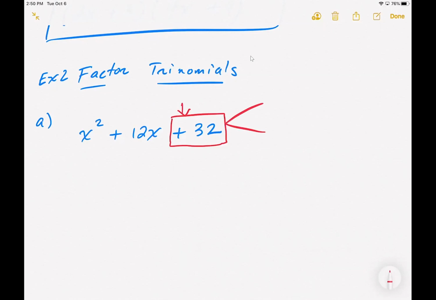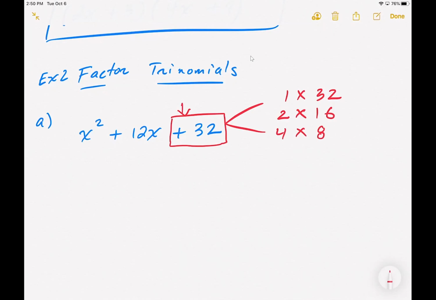And if you're in doubt, just list everything out. You just take 32 times 1, or 1 times 32 is 32. You take 32 divided by 2, or 2 times 16. 32 cannot divide by 3 evenly. 32 divided by 4, you will get 8, because 4 times 8 is 32. 32 divided by 5, 6, and 7 will not work out.